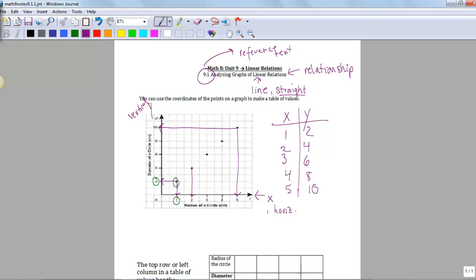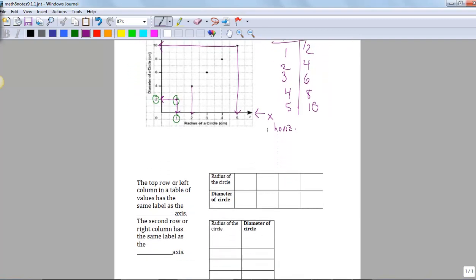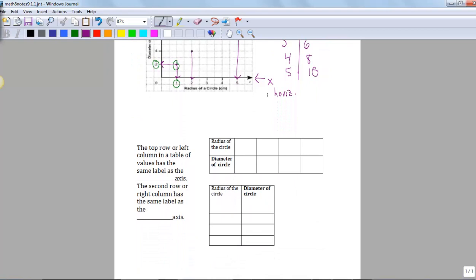So, a couple things to note when you're making a table of values is that the top row or the left column is always the same as the horizontal axis. Now, in the previous question, horizontal is X, but sometimes horizontal could be time. In this case up here, horizontal was the radius of a circle, right?